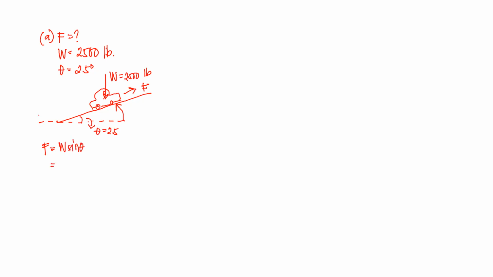So is equal to, our weight is 2,500 times sine of 2.5. So F is equal to, it is best that we get the sine first, because after we get the value of our sine, we then multiply it directly with 2,500. So that is sin 2.5, press equal sign, and you will get 0.043619387.